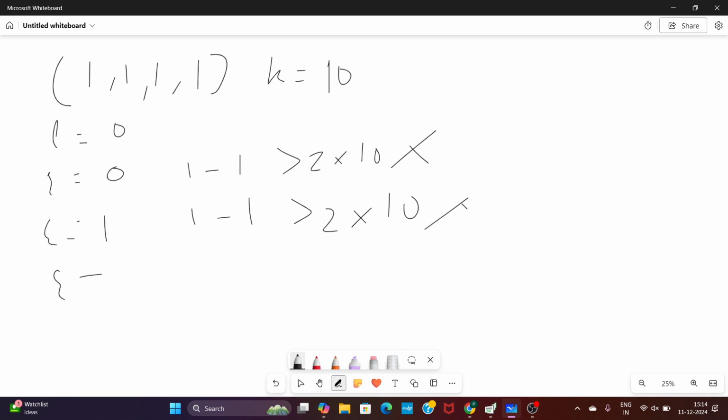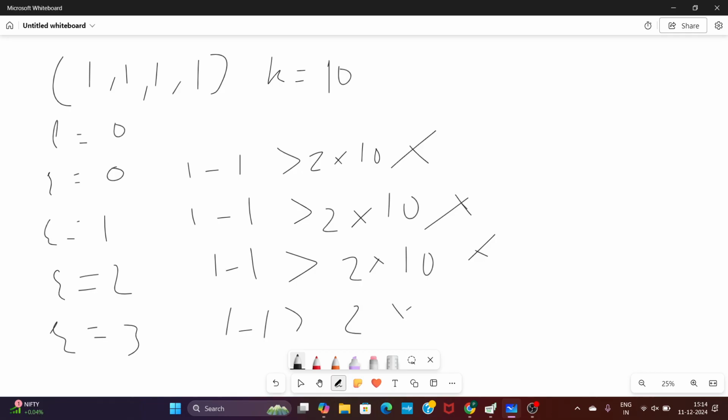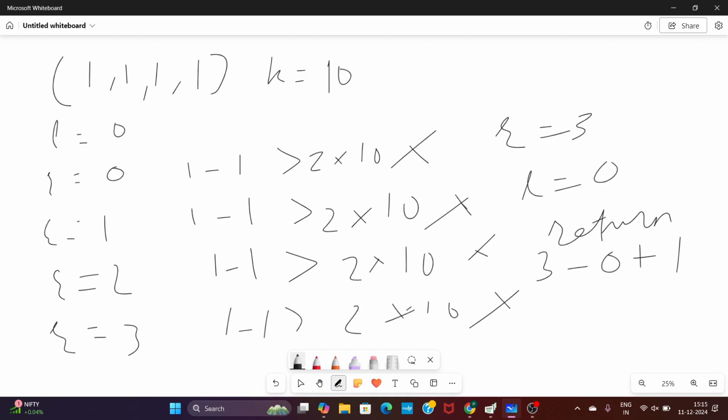No. Again move forward, and now no cases are left. So our R is 3 and L remains 0. So 3 minus 0 plus 1, return R minus L plus 1, is 4. Our answer will be 4.